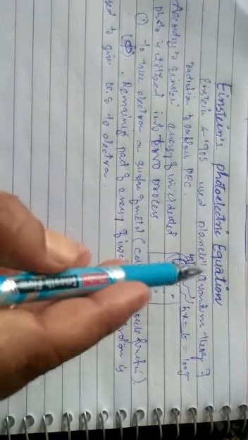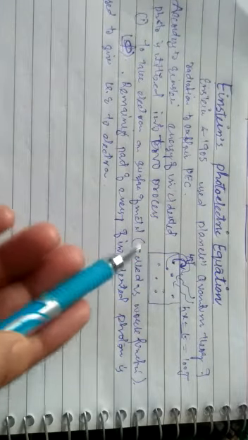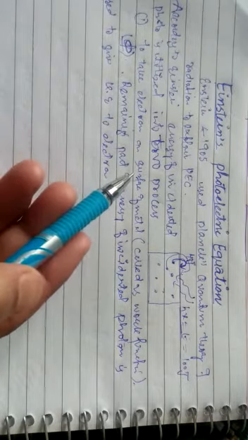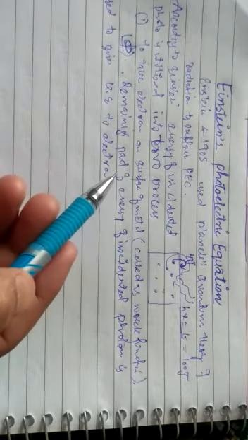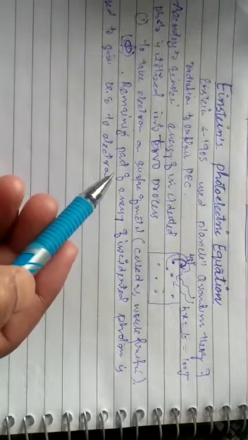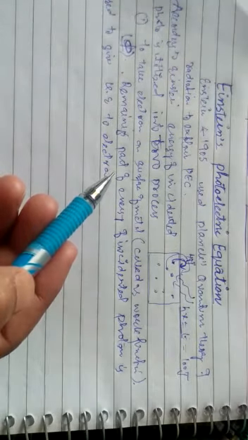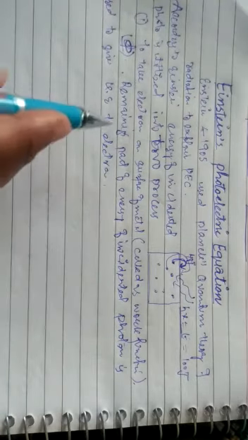The remaining 60 joules are utilized to give kinetic energy to the electron. By this simple process, Einstein developed an equation which we call the photoelectric equation.